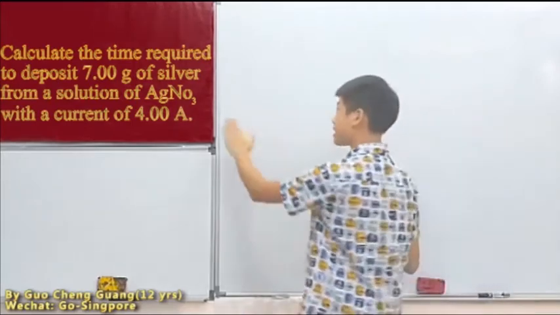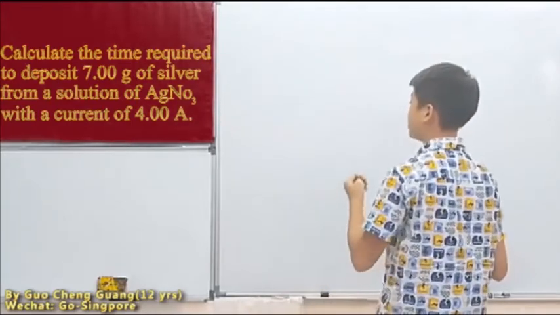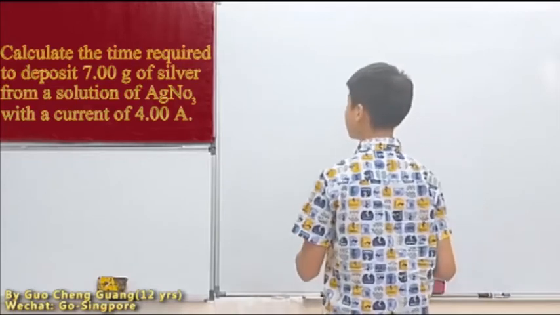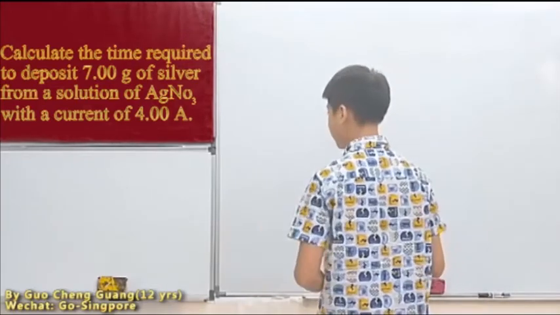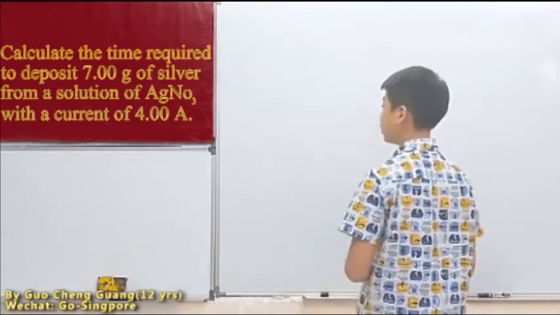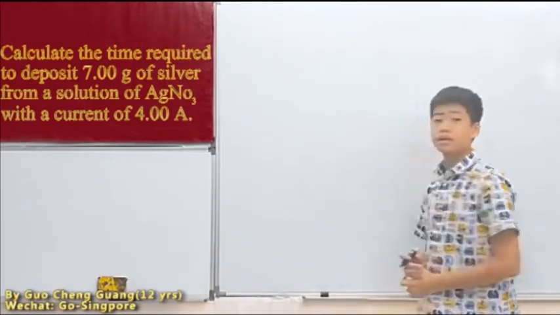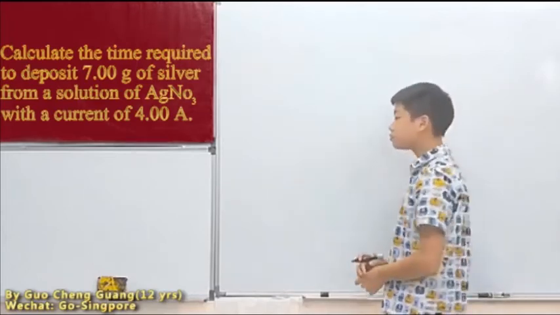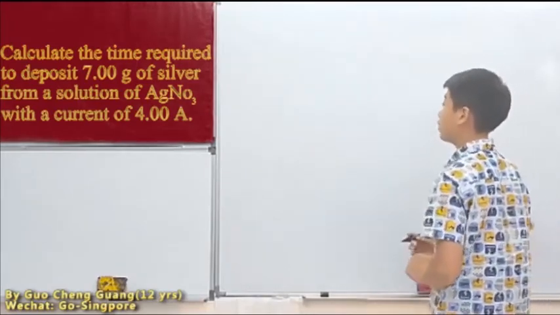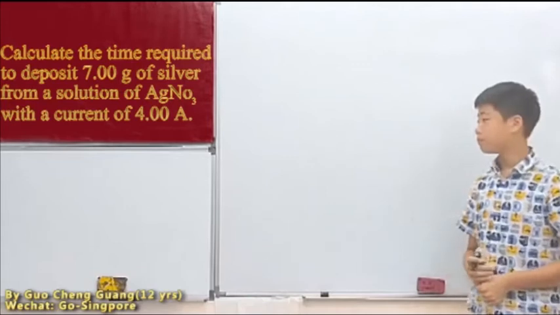For example, in this example here, we have to calculate the time required to deposit 7 grams of silver from a solution of AgNO3, that is silver nitrate, with a current of 4 ampere.